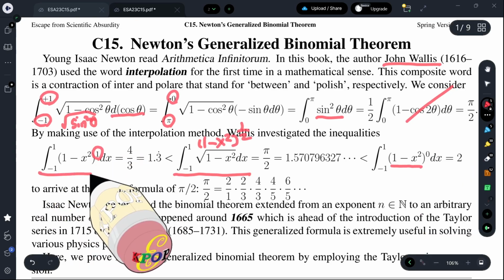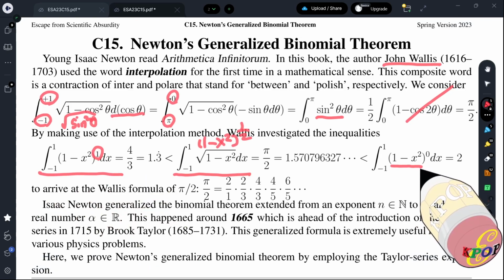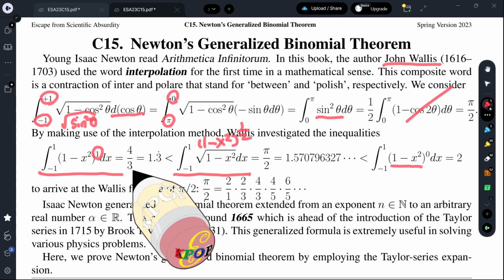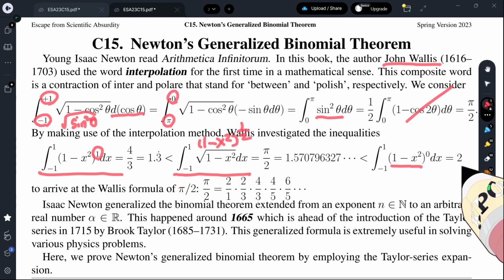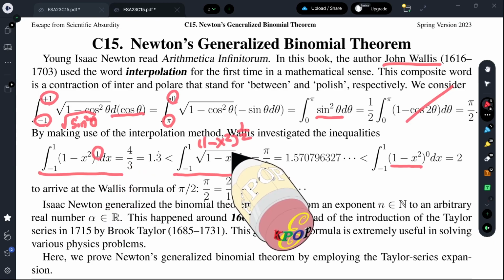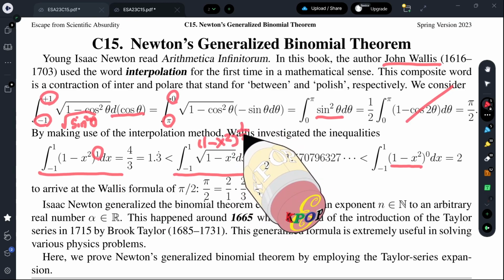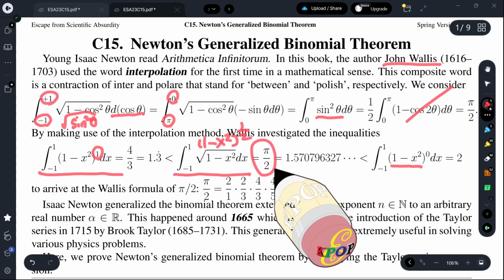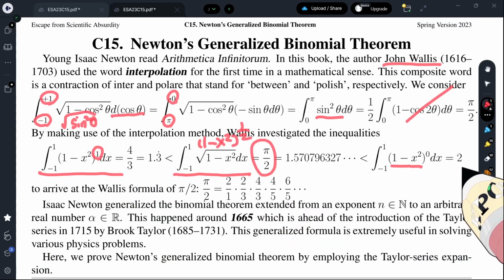These two integrals are exactly evaluated using the polynomial integral: one gives 4/3, and the other is exactly 2. Therefore, the power 1/2 is between the powers 0 and 1, and he noticed that this half of pi is between these two numbers.